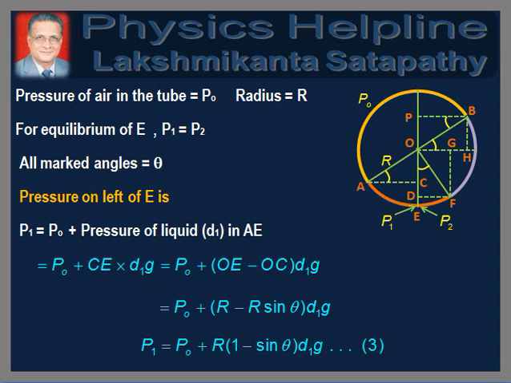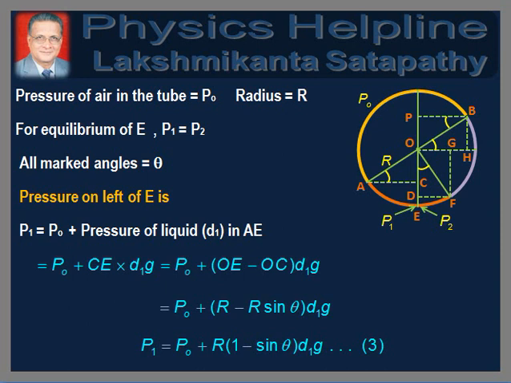Now consider the bottommost point E of the tube. Let the pressures on the left and the right of E be P1 and P2 respectively. Therefore, for the equilibrium of point E, we have P1 equal to P2. Let the pressure of air inside the tube be P0. Then P1 is equal to P0 plus pressure due to liquid of density D1 contained in the section AE of the tube.